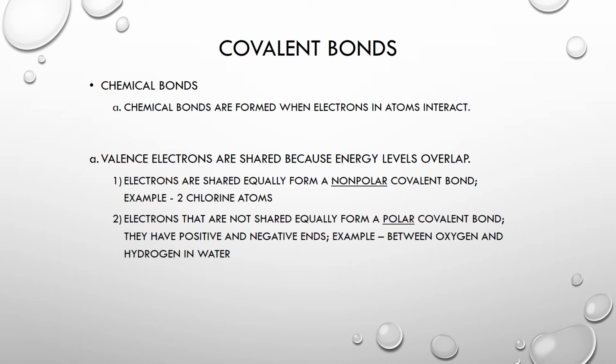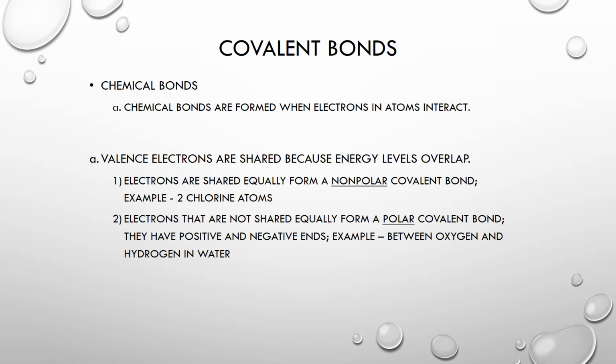Atoms are also capable of having different types of chemical bonds, and we have different classifications of bonds. So in general, let's begin with what is a chemical bond. These are formed when electrons in atoms interact. The number of bonds an atom can form is determined by the number of valence electrons.